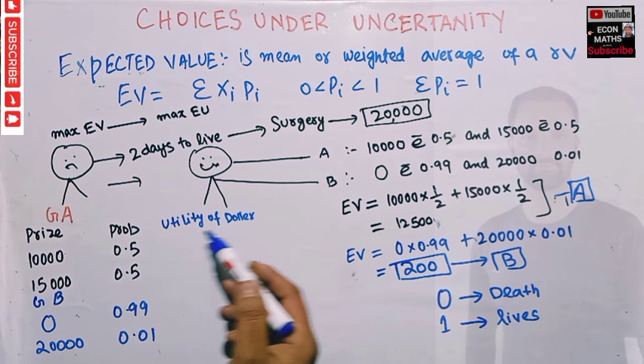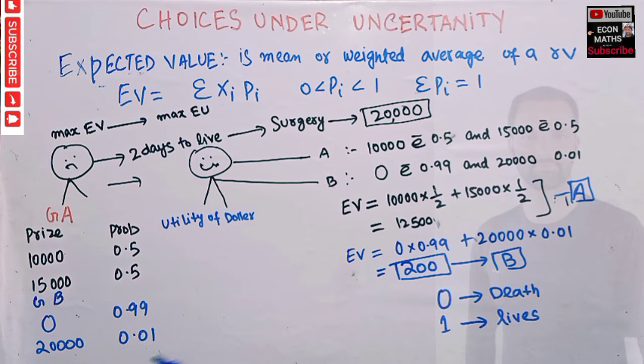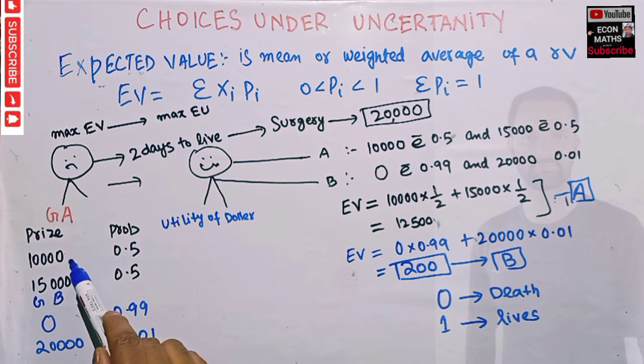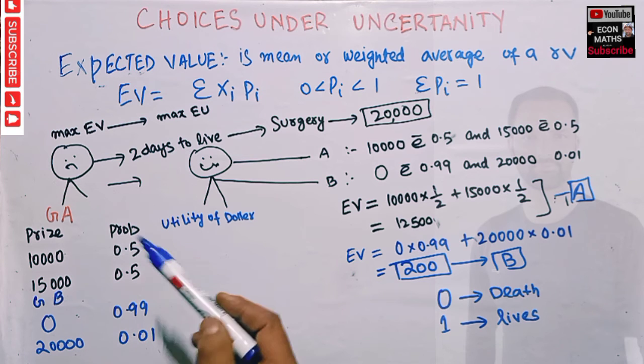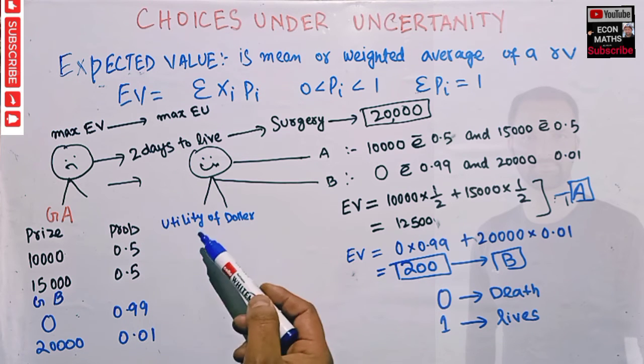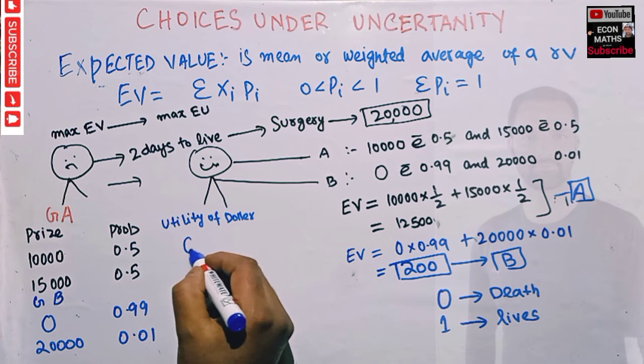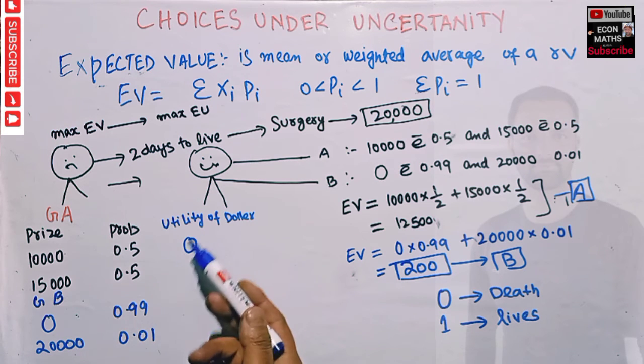Now what is the utility of a dollar in this case? If he receives $10,000 with 50% chance, the utility of the dollar is for him nothing, so it will be 0. He will die in this case.